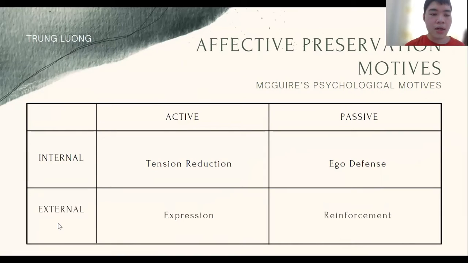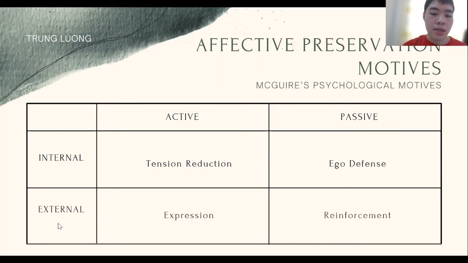Besides the cognitive growth motives presented in Win An's presentation about McGuire's psychological motives, now I'm going to continue with the third approach, which is affective preservation motives, separated into 4 different groups. The first is the need for tension reduction. As you can see here, people usually act in ways that seek to reduce arousal.